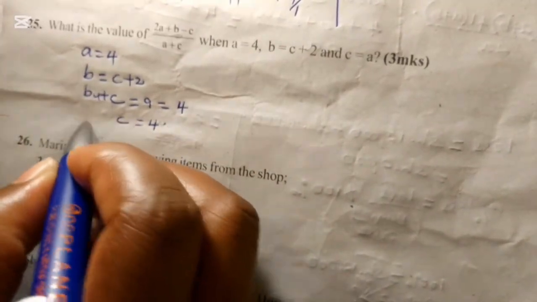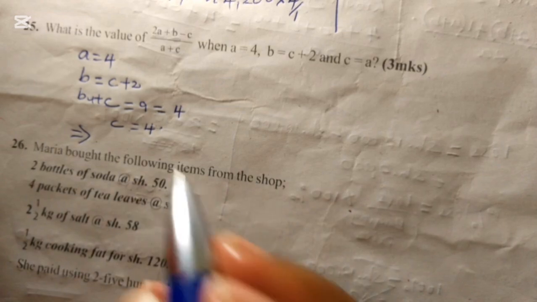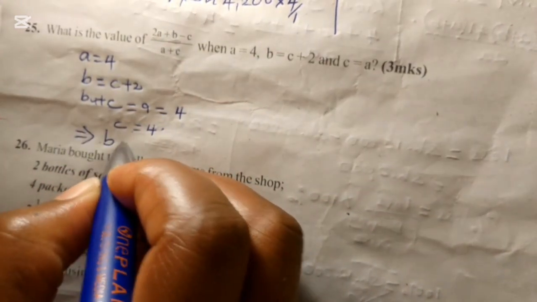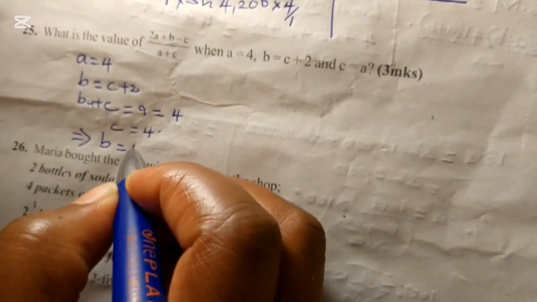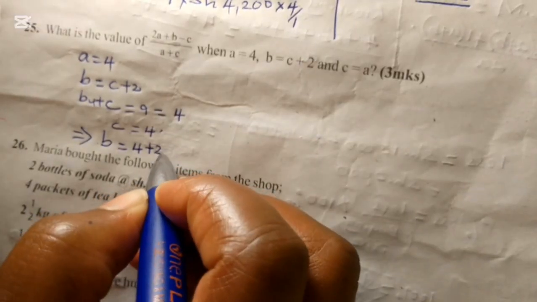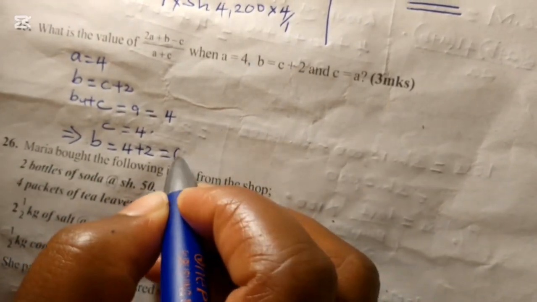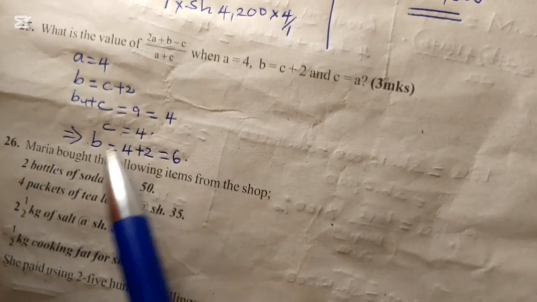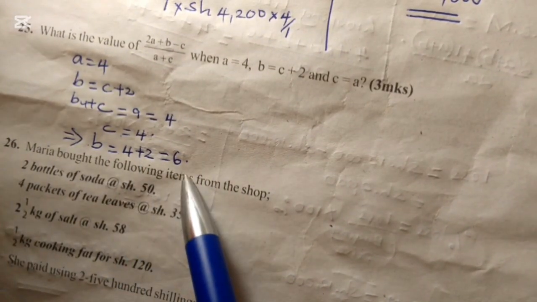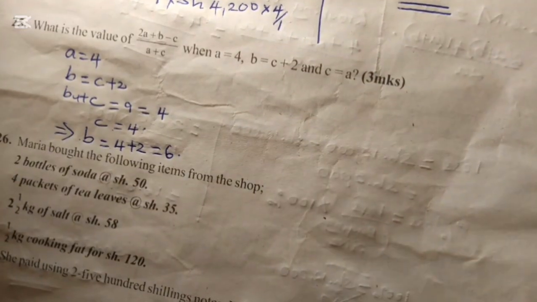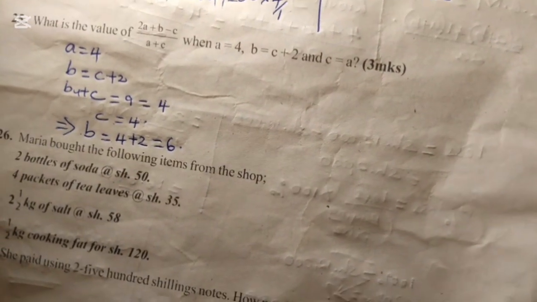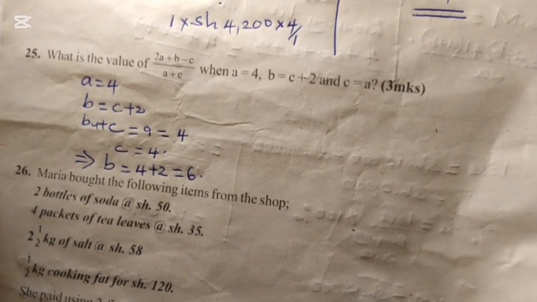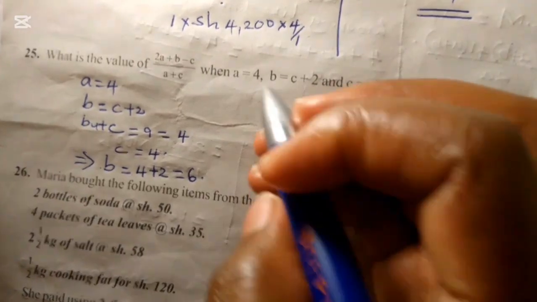This implies that b is equal to c, which is 4, plus 2, which is 6. So a is 4, c is 4, b is 6. I'll first try to analyze that so that we can comfortably substitute.